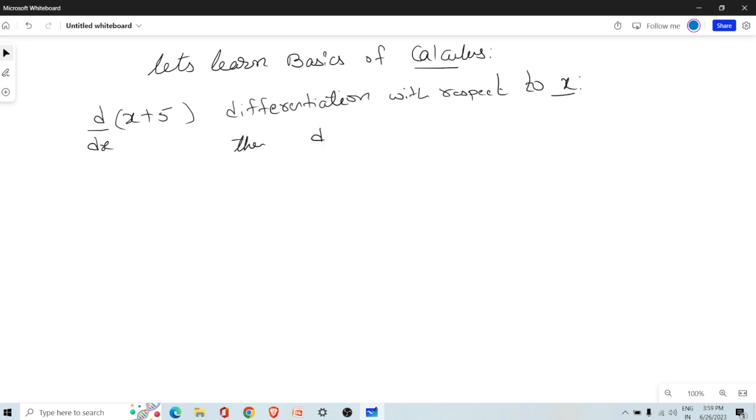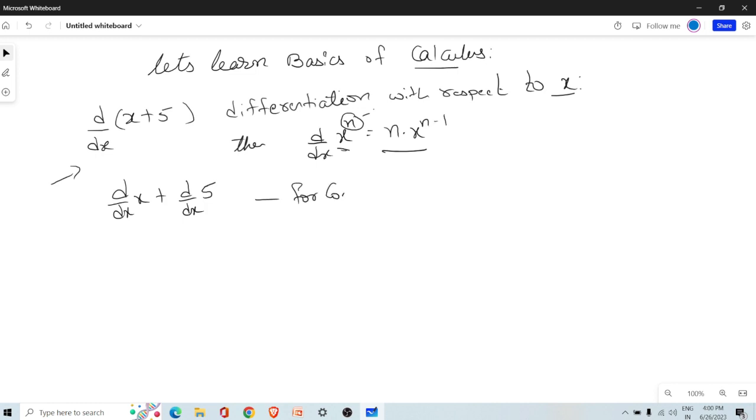Then d by dx of x power n, where this power value can be any real number or integer, is n into x power n minus 1. So similarly, we can do d by dx of x, and we can also write the same d by dx of 5.